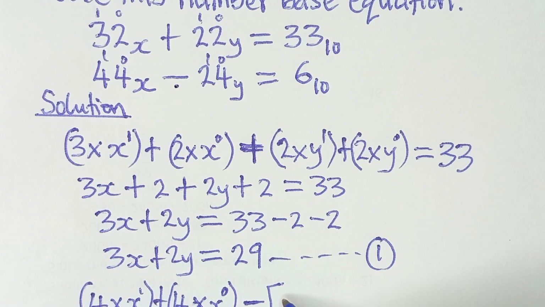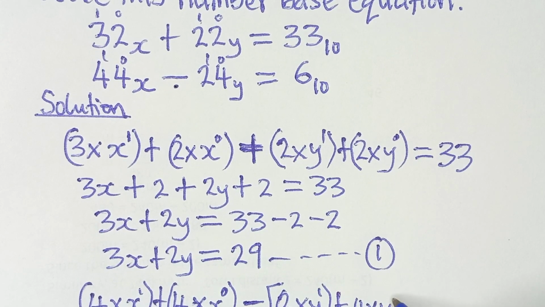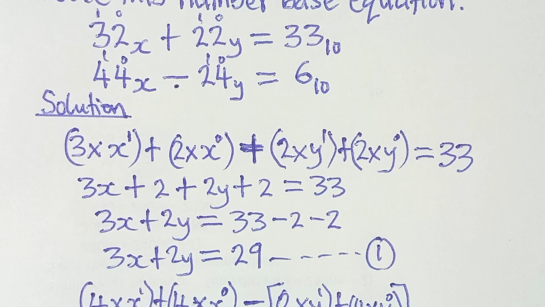So 2 multiplied by y raised to the power of 1, and then plus 4 multiplied by y raised to the power of 0, and then everything should be equal to the 6 that we have there.